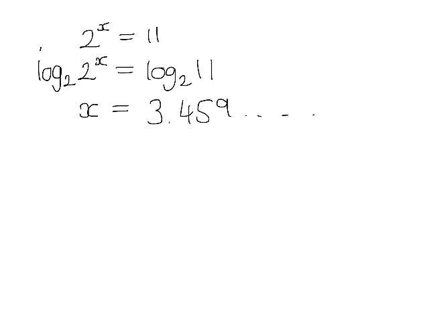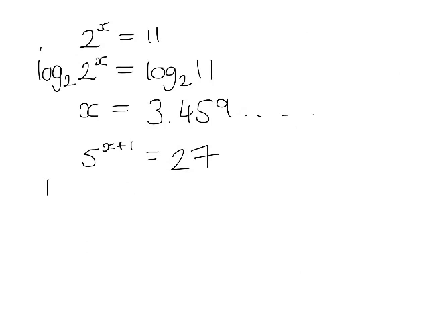Now, we get slightly more complicated equations. 5 to the power x plus 1, sorry, is equal to 27. Now, we know 5 squared is equal to 25, so we're expecting x plus 1 to be slightly greater than 2.